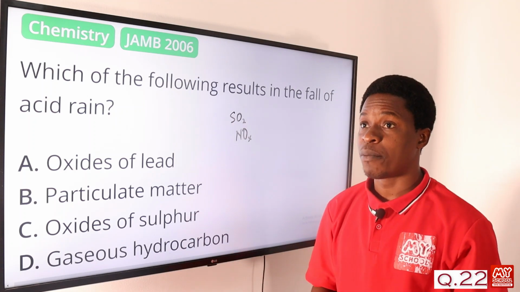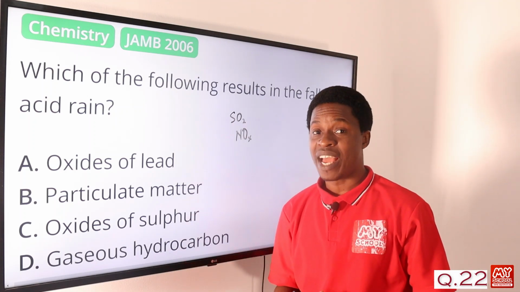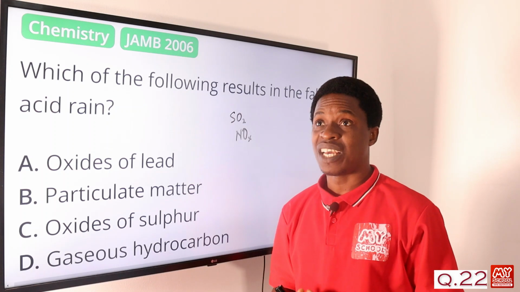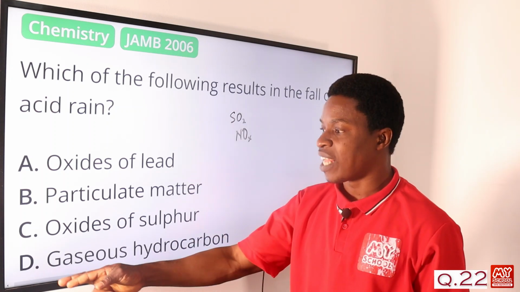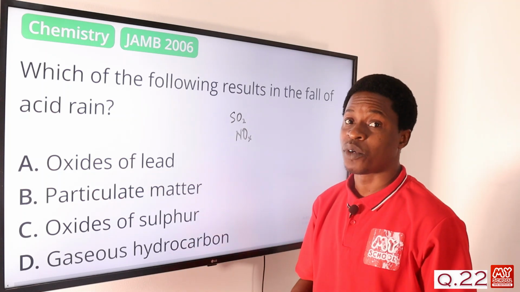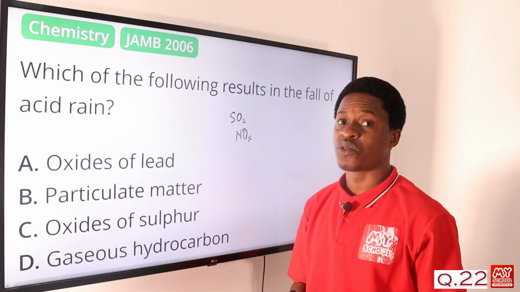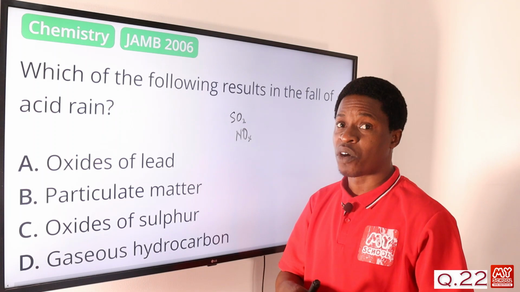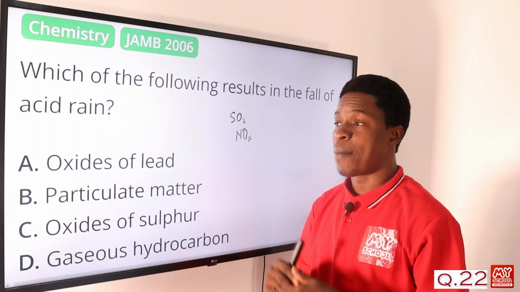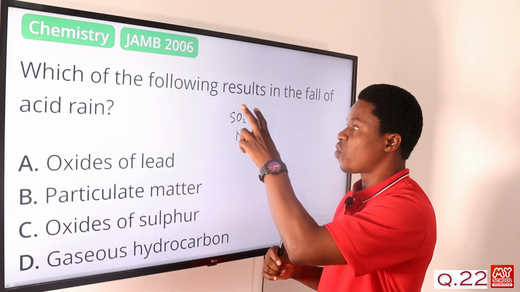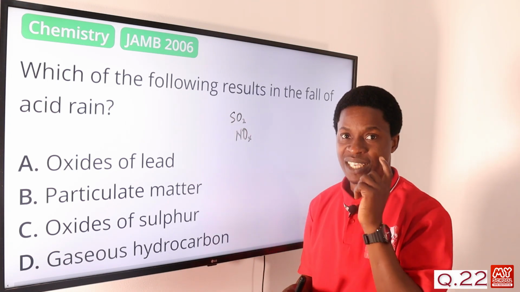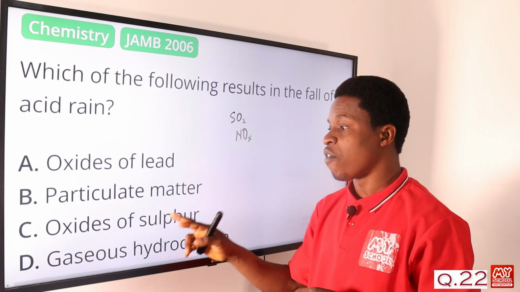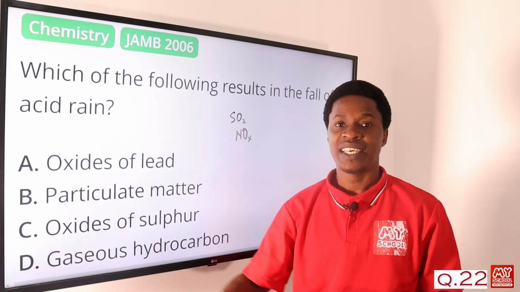If hydrocarbons react with oxygen and water, of course you are not going to have acid rain. Most substances that form acid rain give rise to acidic oxides when they react with oxygen and water. More likely it is oxides of sulfur, so option C is the correct answer.